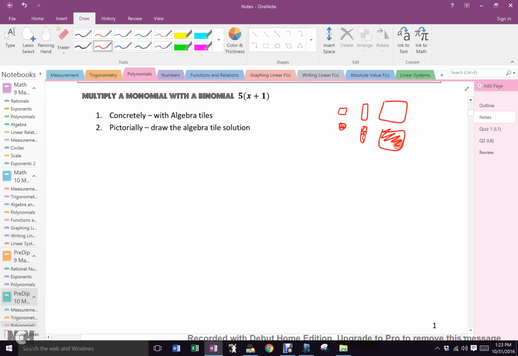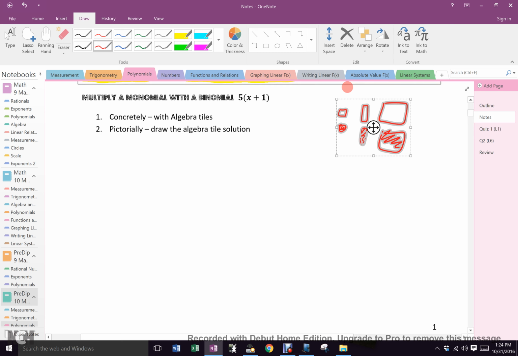Have you guys seen those? I don't ever want to use them ever again because they're not for intelligent folk. Okay? They serve one purpose, and one purpose only, and it's to explain why subtracting a negative is the same as adding a positive. It's the only thing they're good for. Otherwise, they are useless. So I am not going to use them.